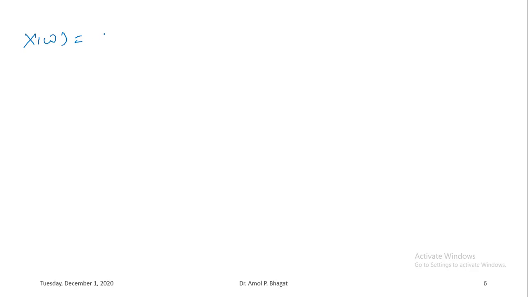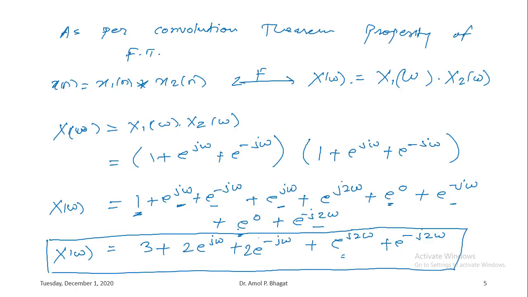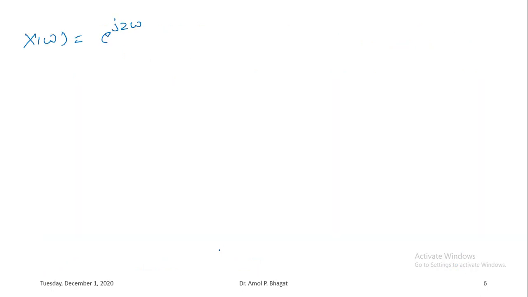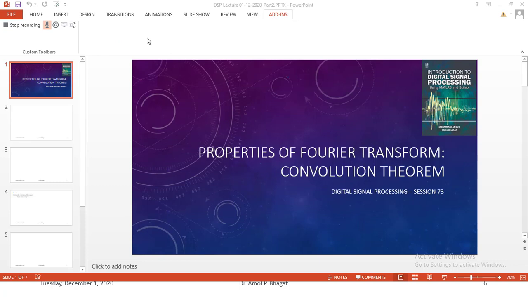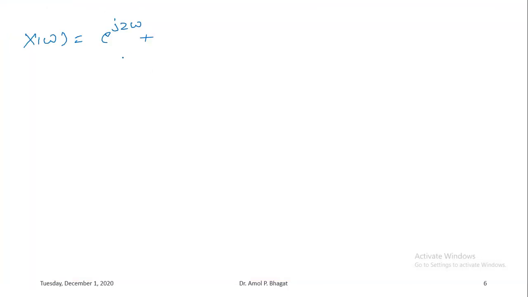Next I'll write 2 e to the power j omega, so plus 2 e to the power j omega is there, right?